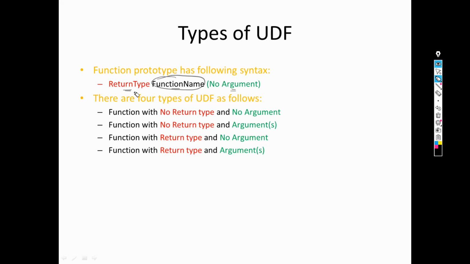But the other two things play an important role, that is return type and argument. Argument is the input to the function, and return type is the output from the function. Very simple thing to understand: a function will take some value, process that value, and generate some output.